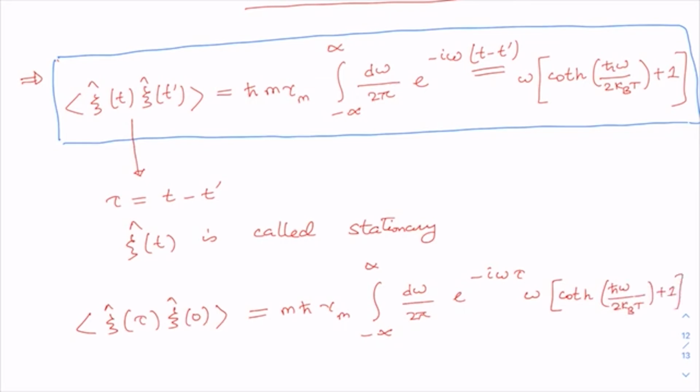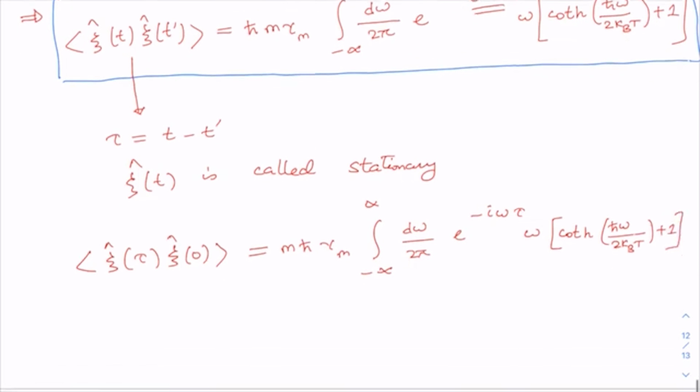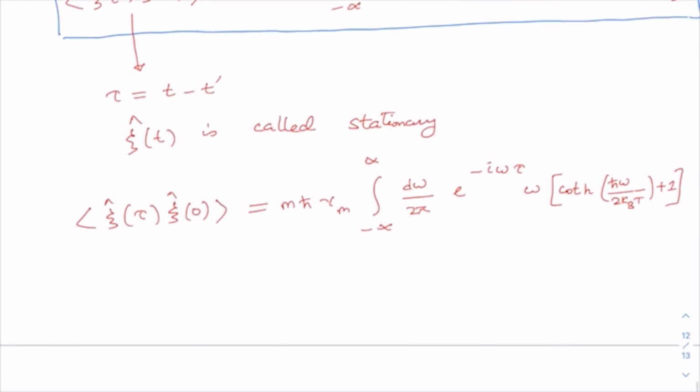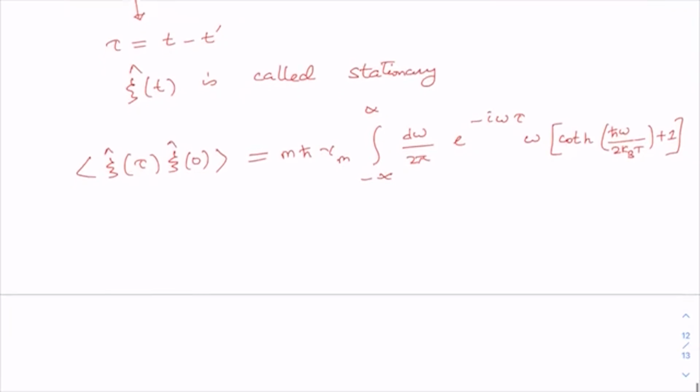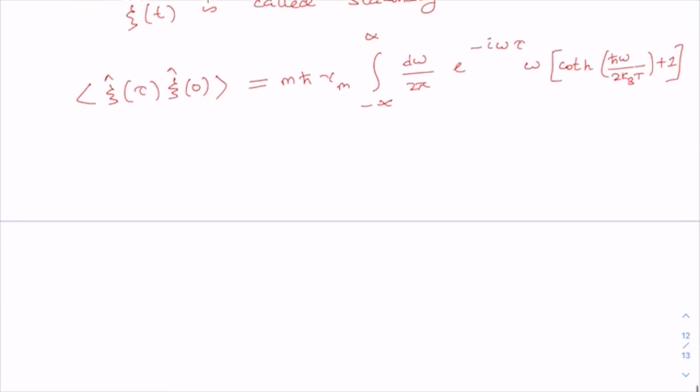Okay, now the Fourier transform of this autocorrelator gives us the so-called spectral noise density in the quantum domain, that would be Sξ(ω), the Fourier transform of the autocorrelator.